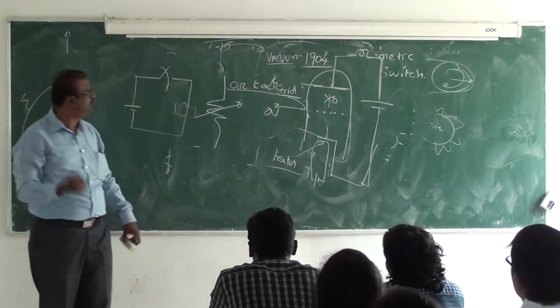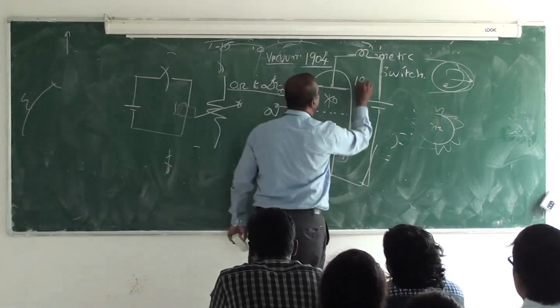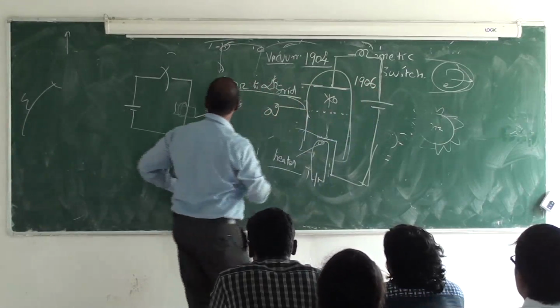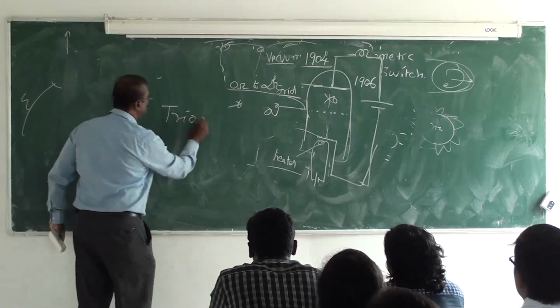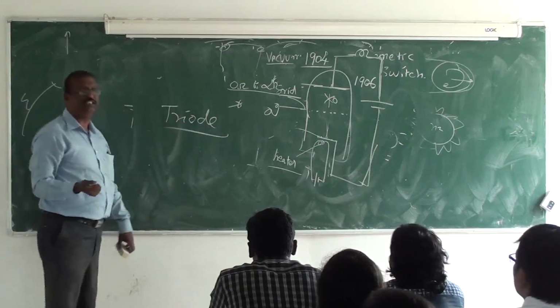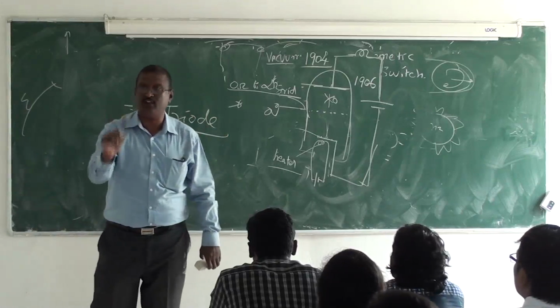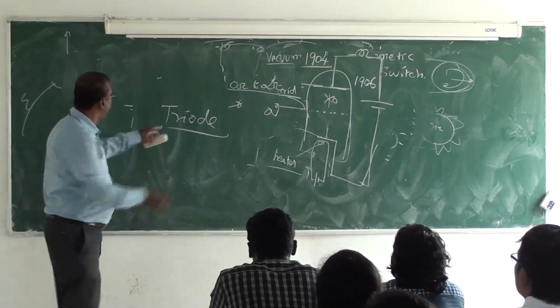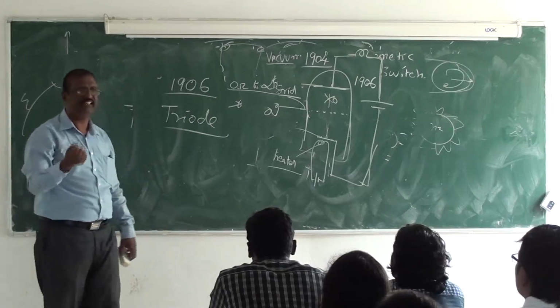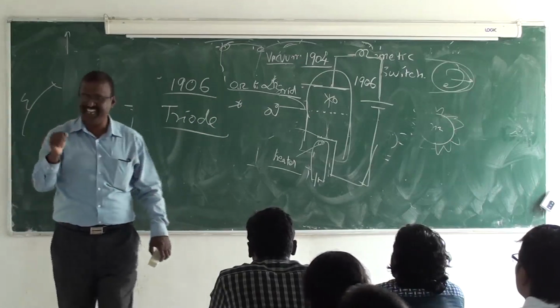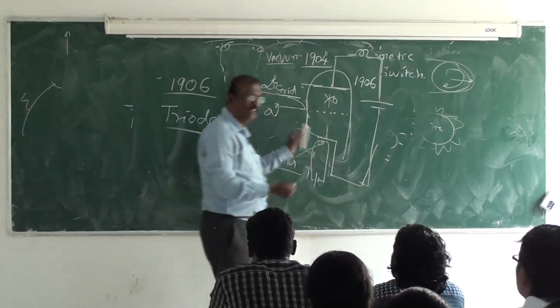This was invented in the year 1906. This is called a triode. So the first electronic component invented in the world was in the year 1906 by Fleming. It is nothing but the same bulb with a thing called gate control.